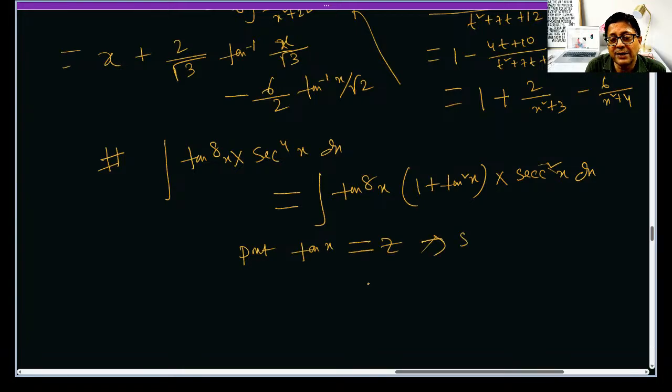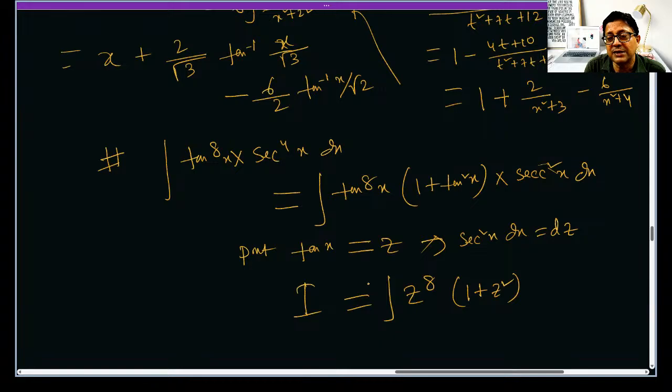So this implies sec square x dx equal to dz. So I equal to the integral of z to the power 8 into (1 plus z square) dz.